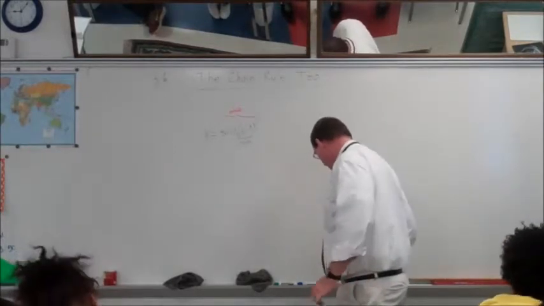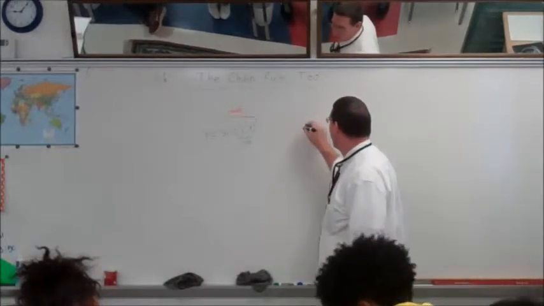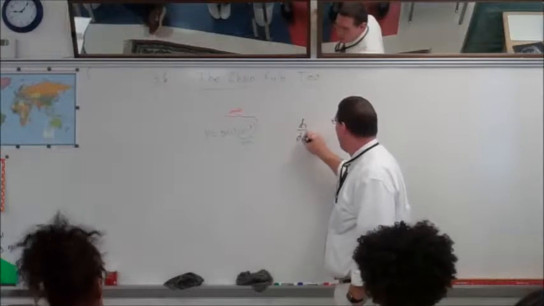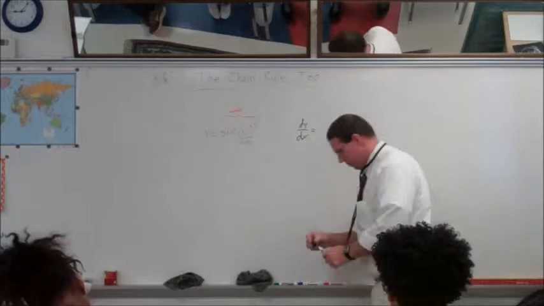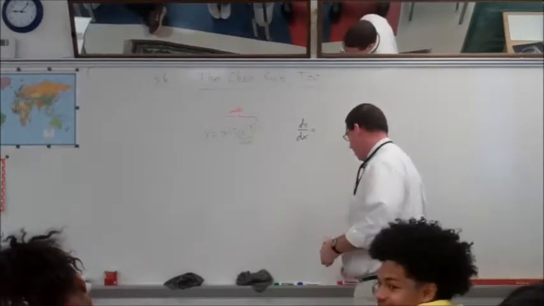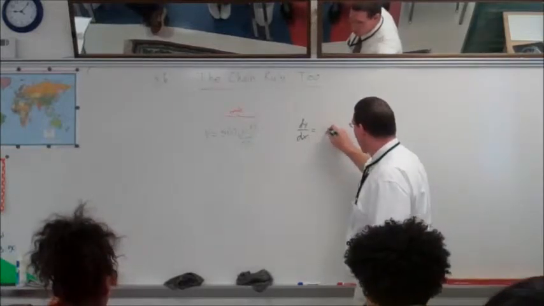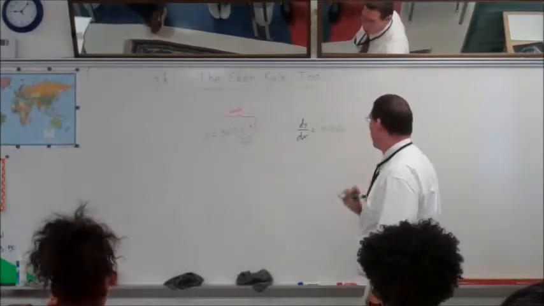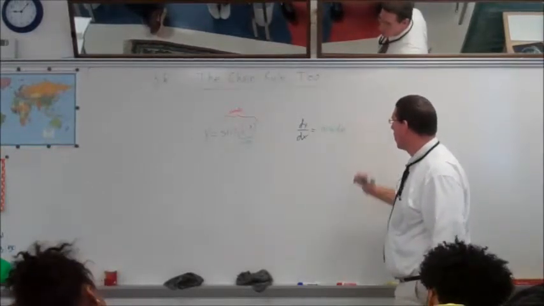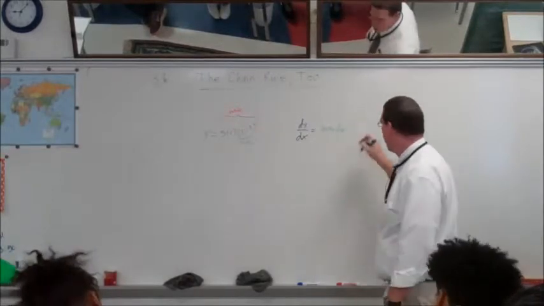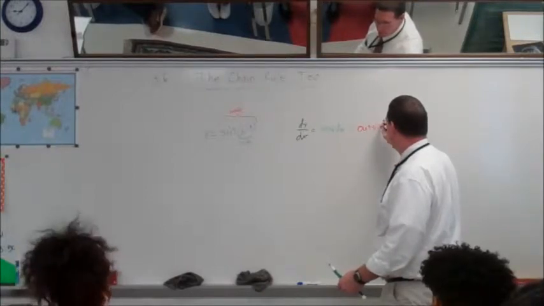And if you want the derivative, then one way of doing this is dy dx is equal to the derivative of the inside, or inside prime, times the derivative of the outside, or outside prime.